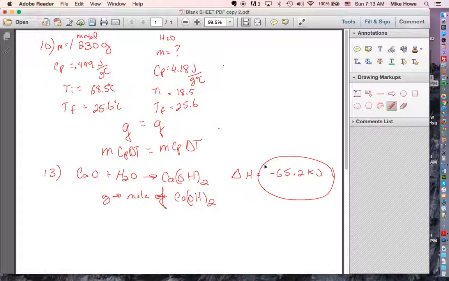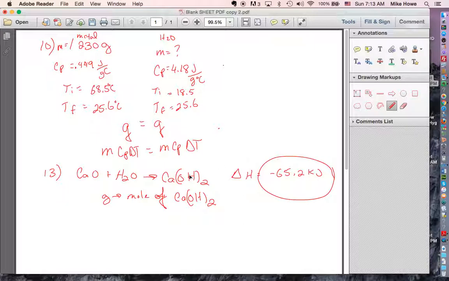So this many kilojoules, and listen carefully, in this case is equal to that, or that, or that. In other words, if I were to react 1 mole of calcium oxide to make calcium hydroxide, 65.2 kilojoules of energy would be released. If I were to react 1 mole of water, 65.2 kilojoules would be released.